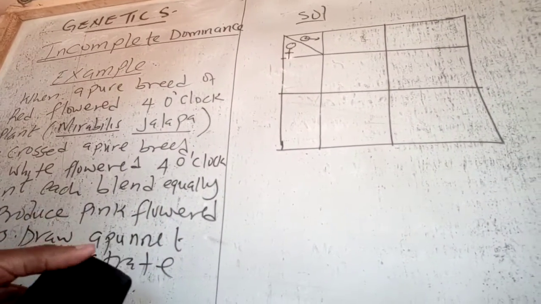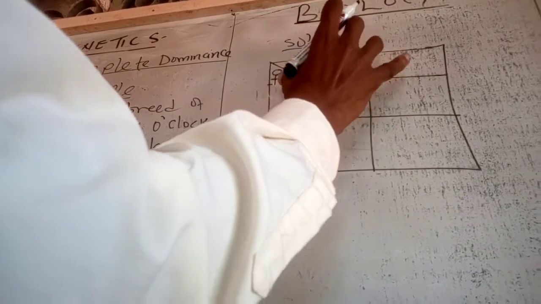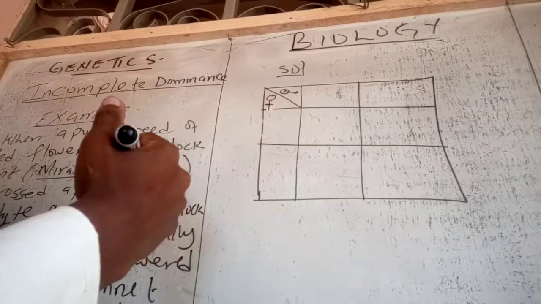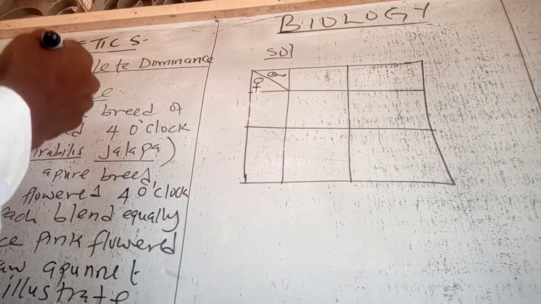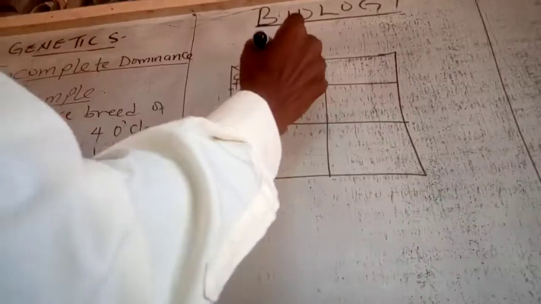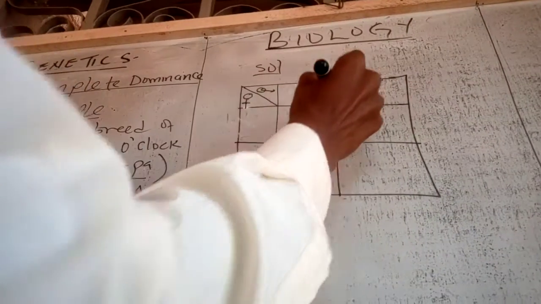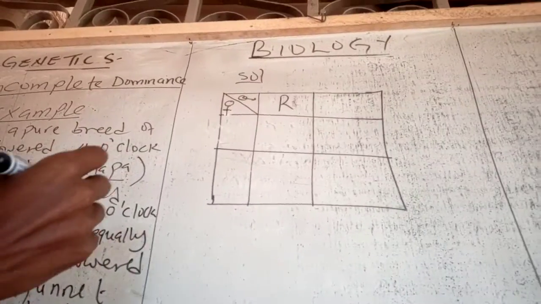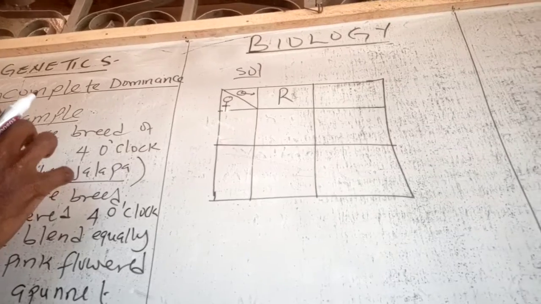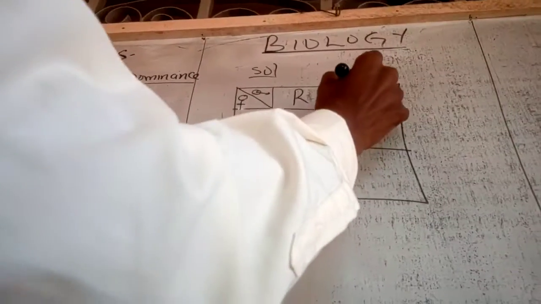As far as the two of them are concerned, the first one is the pure breed of red flower, so you put R here, a dominant gene, and R also, another dominant gene. Why?